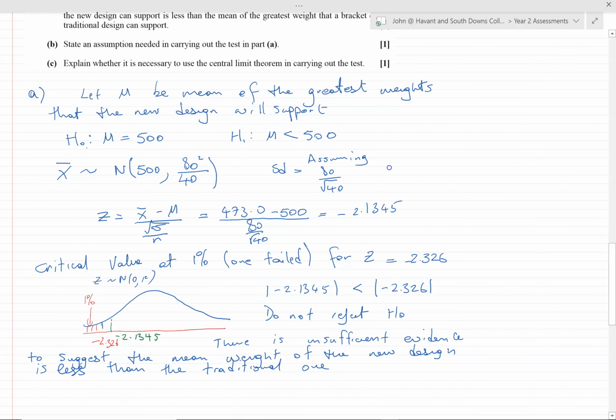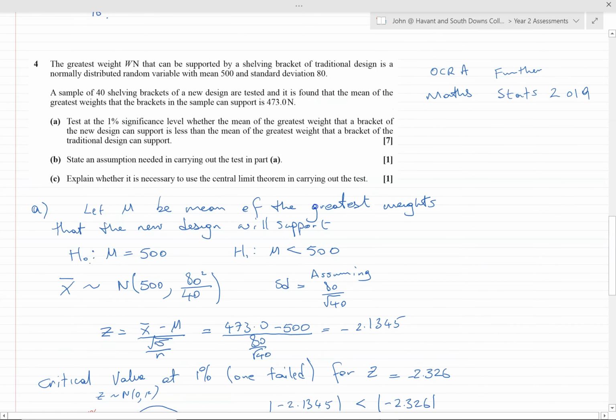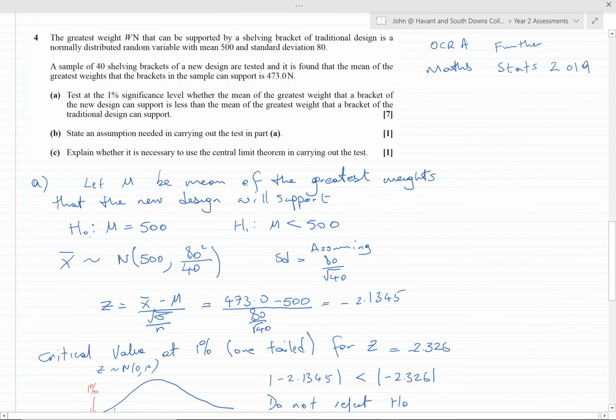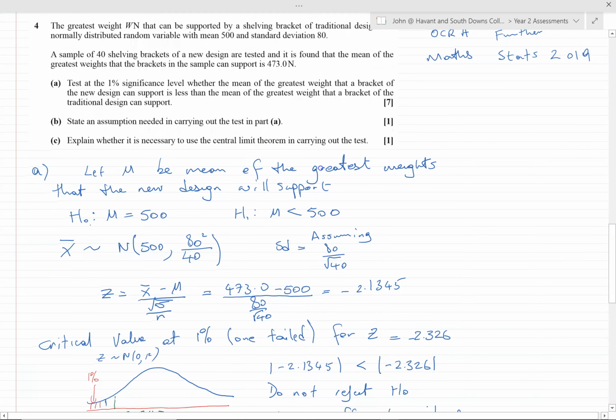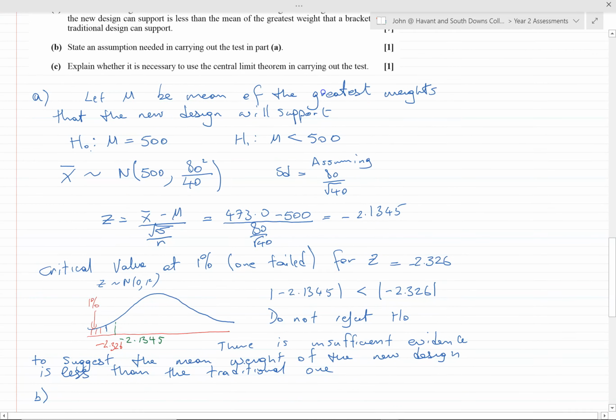I alluded to the answer to part B, state any assumptions. We really couldn't carry this test out otherwise. We'd have to do something called a t-test, and that wouldn't work here. It's a moot point really, because the sample size is quite large as well.